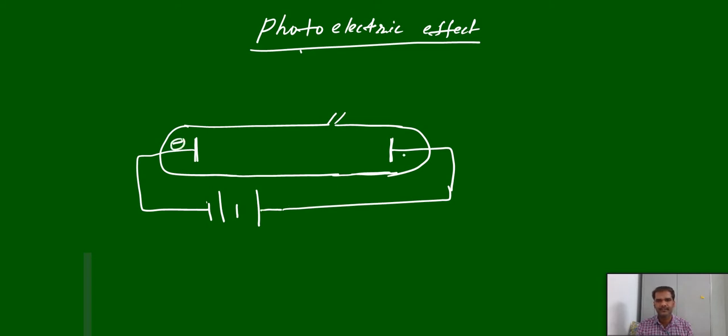This is a negative plate and this is a positive plate. Externally we have the battery. Let us assume this is one metal rod, so we have the metal surface.